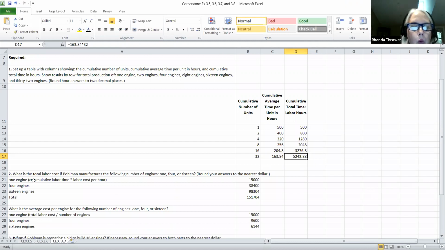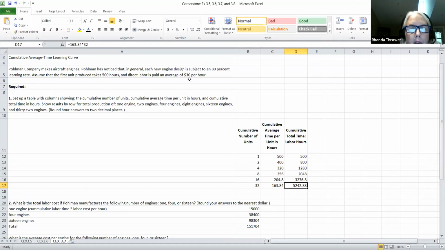In part 2, it's asking you, what is the total labor cost if Pullman manufactures the following number of engines? If they manufacture 1 engine or 4 engines or 16 engines, and they want you to round it to the nearest dollar. So what we have to know is how much time it takes us to produce 1 engine. And the cumulative total time in labor hours was 500. We would multiply 500 times the $30 that was given as your labor rate.